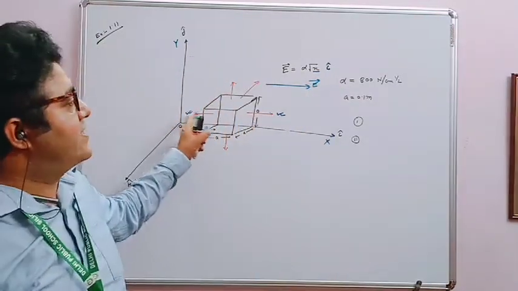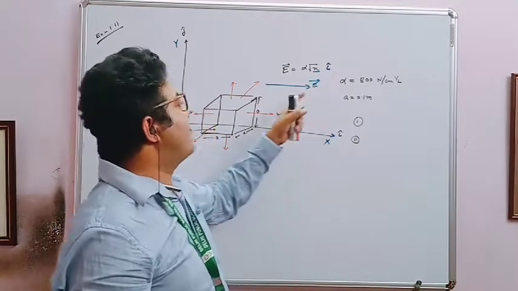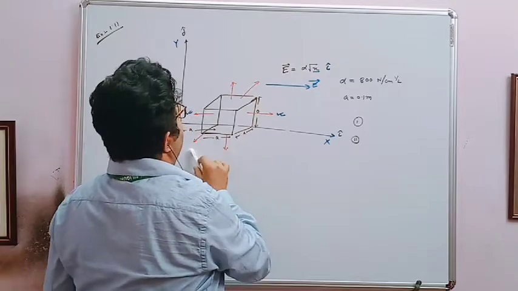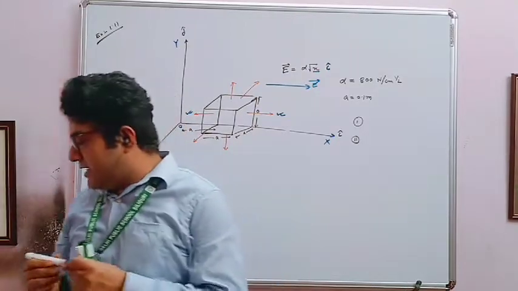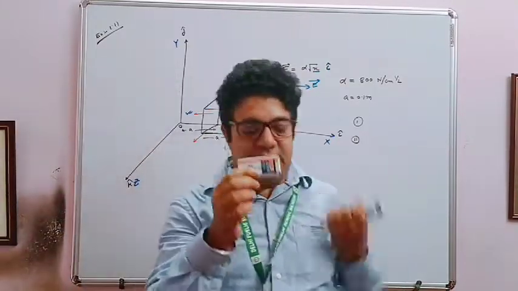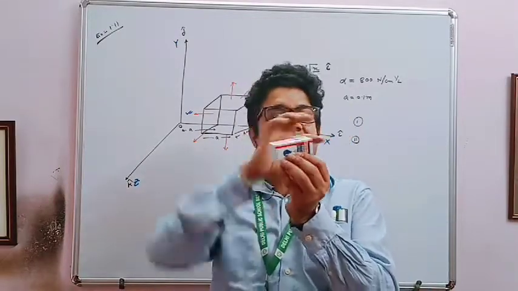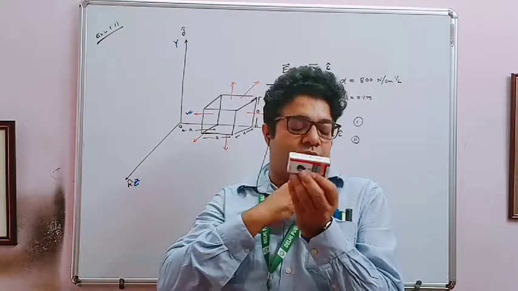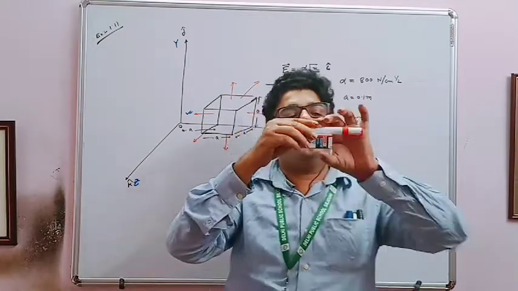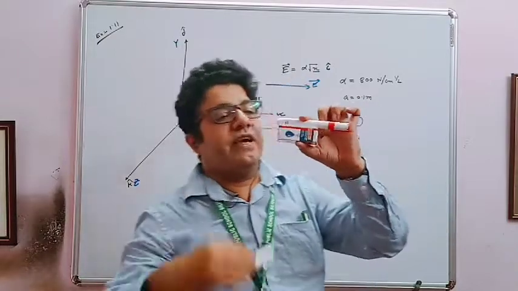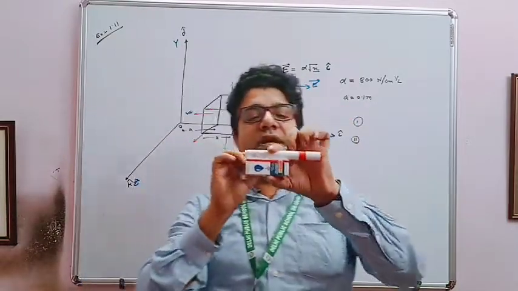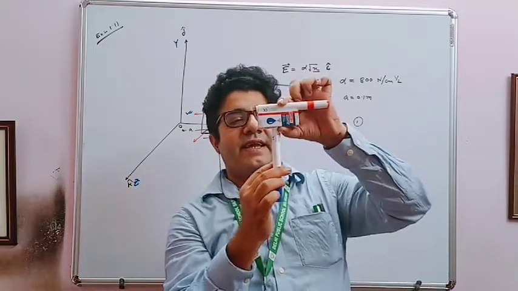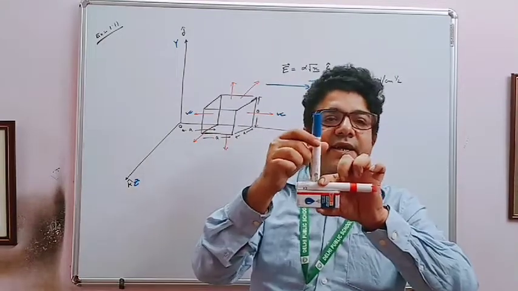As the electric field is given in that direction, the electric field and the area vector for 1, 2, 3 and 4, that is, except these 2 surfaces, front and back, in all of these the electric field makes an angle of 90 degrees.